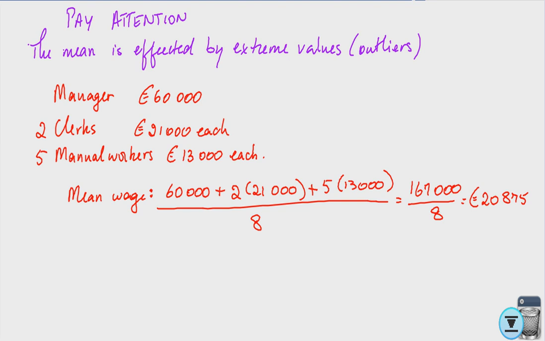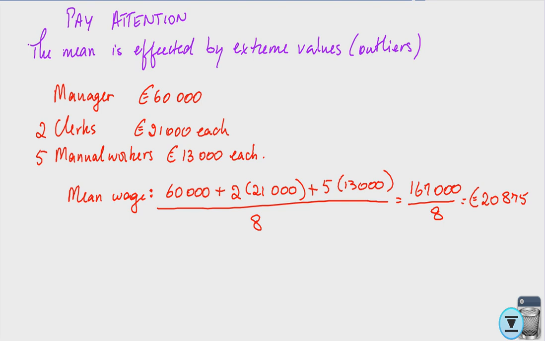That was an outlier. For me to have a clear picture of the average wage of my workers, I should have removed the manager, the 60,000, and found the mean with the rest.